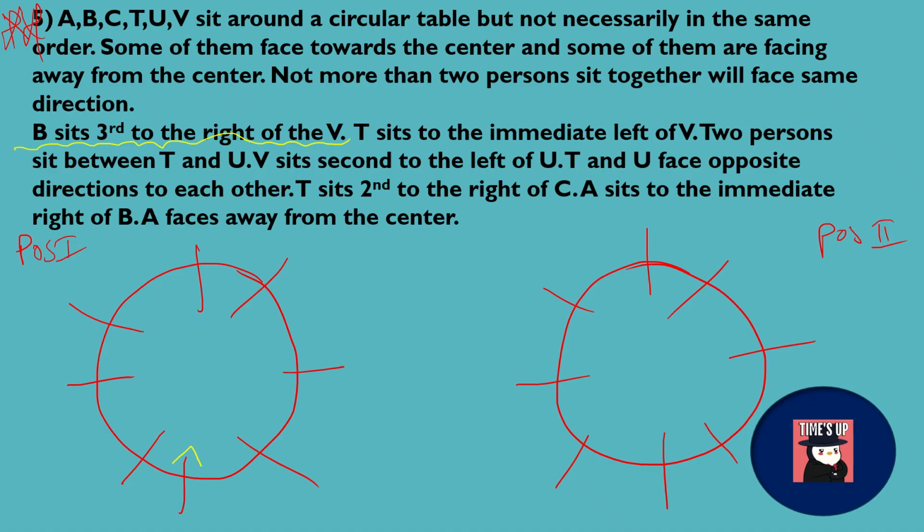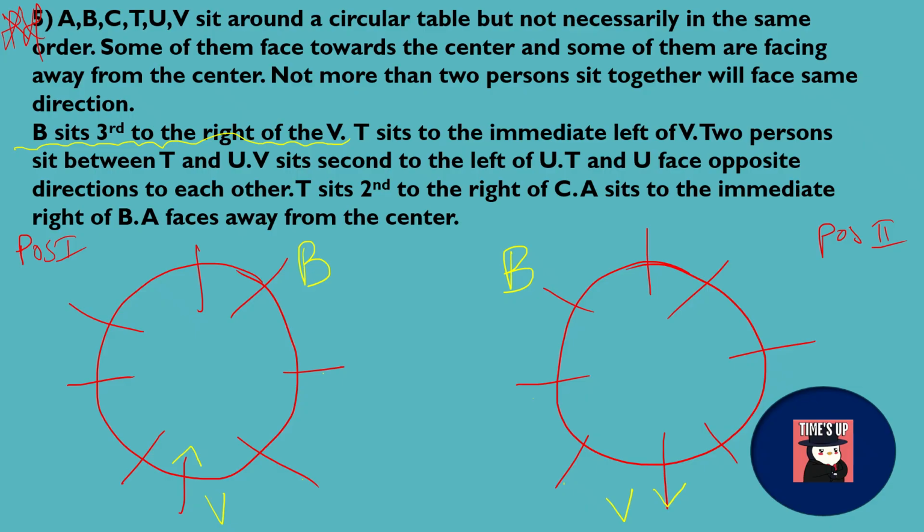In the second possibility, it is facing away from the center. V I'll place here. When V is facing towards the center, B will sit third to the right: 1, 2, 3, B will be here. In the second possibility, if V is facing away from the center, then where will B come? 1, 2, 3. Here B will come. So these are the two possibilities.